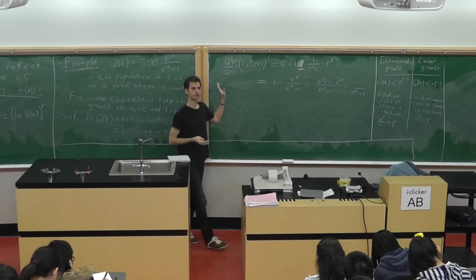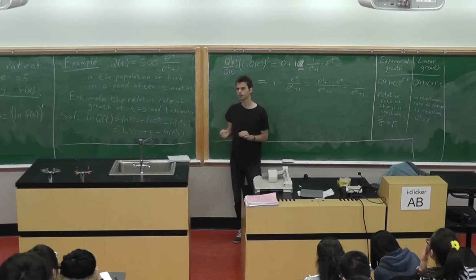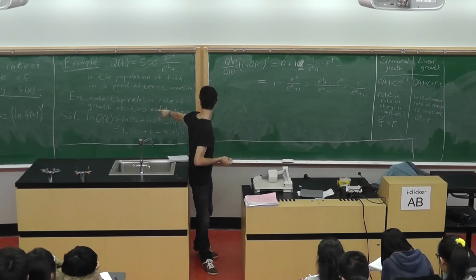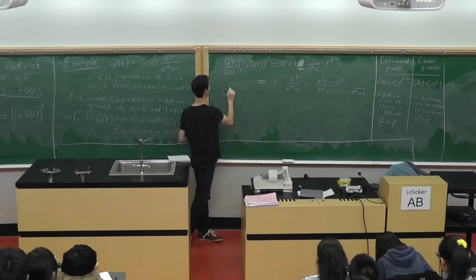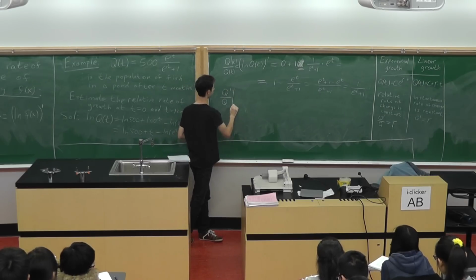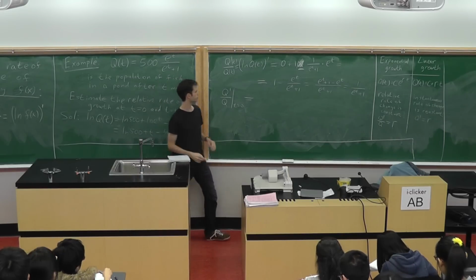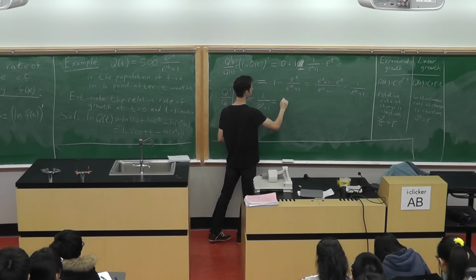Okay, so I found the relative rate of growth at any point. Now I want to find the relative rate of growth at the point t equal to 0 and t equal to 12. So q prime over q at the point t equal to 0, what is it? Well, it's 1 divided by e to the power 0 plus 1, so it's 1/2.